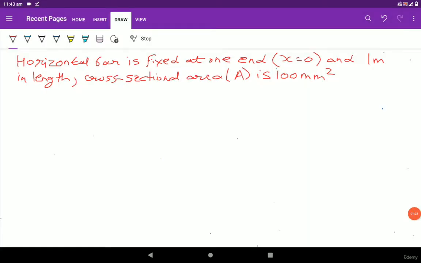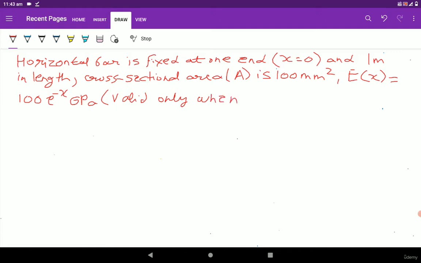And it has varying Young's modulus with respect to x, which is equal to 100 e power minus x GPa, which is valid only when x is in meter.